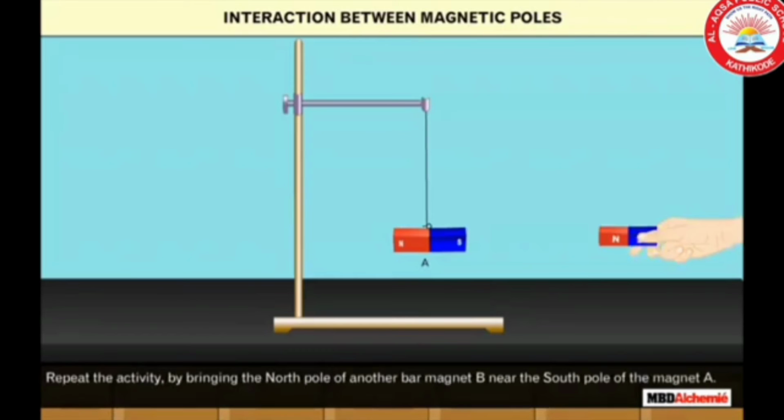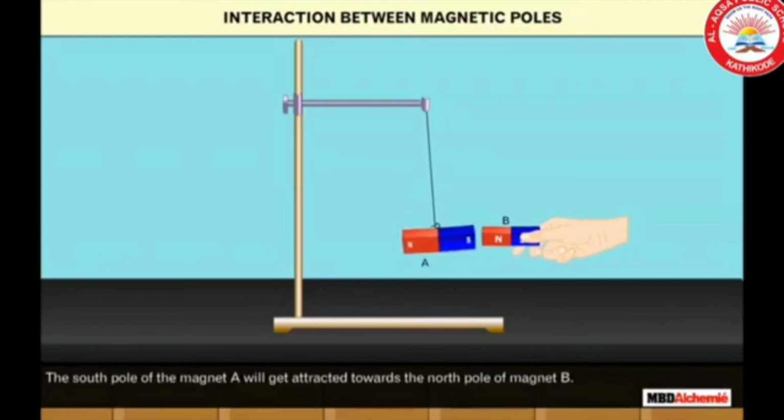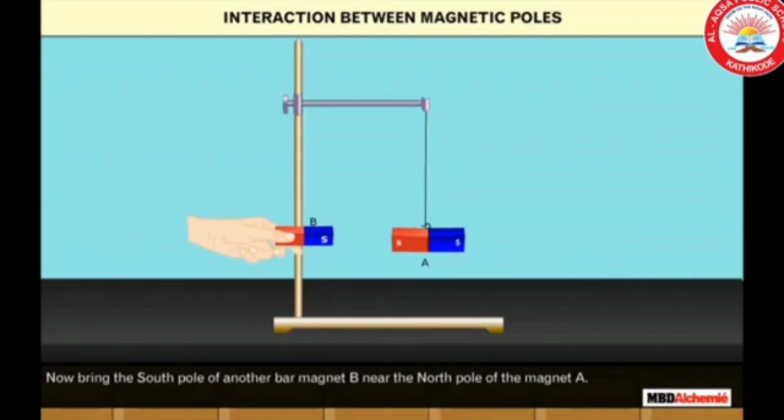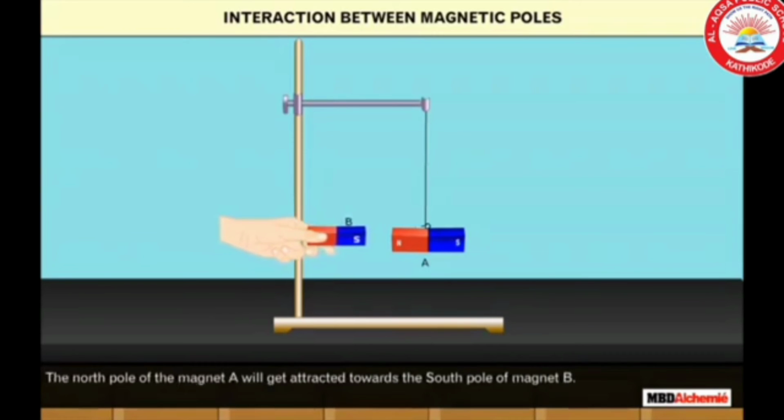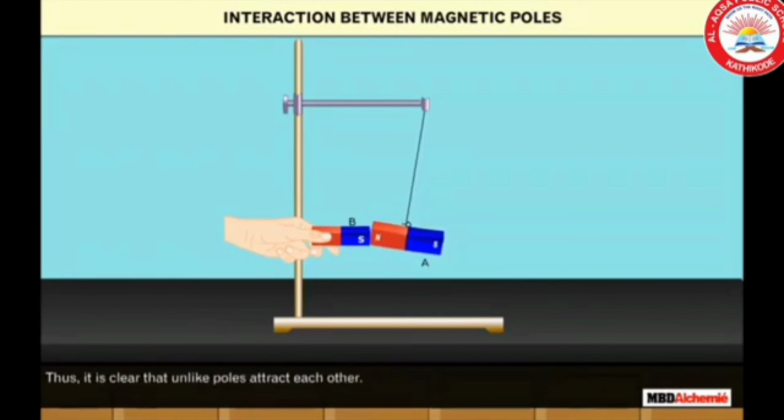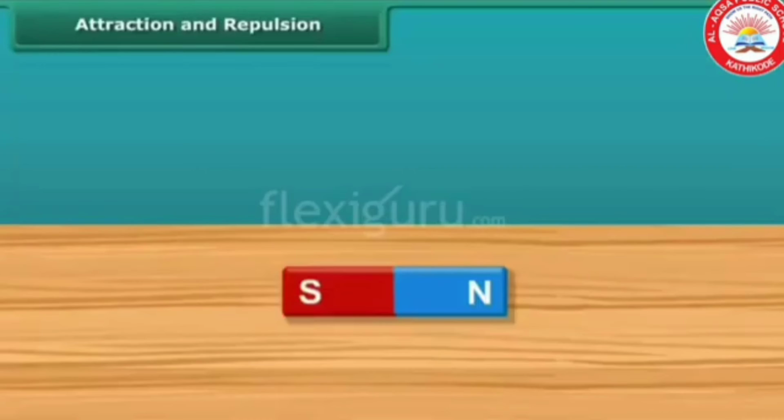Repeat this activity by bringing the north pole of another bar magnet B near the south pole of magnet A. The south pole of magnet A will get attracted towards the north pole of magnet B. The north pole of magnet A will get attracted towards the south pole of magnet B. Thus, it is clear that unlike poles attract each other.